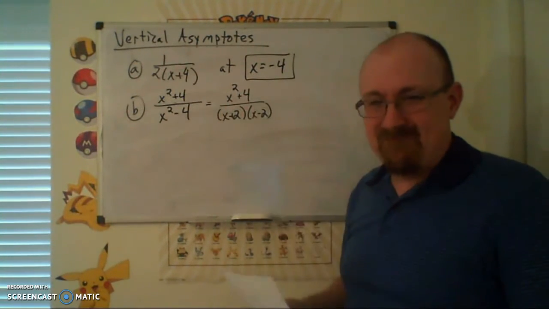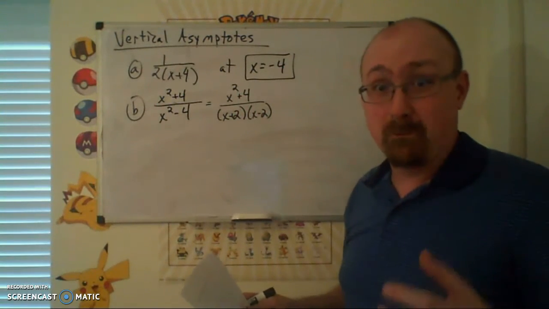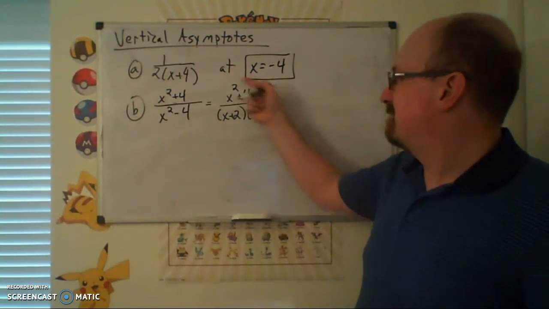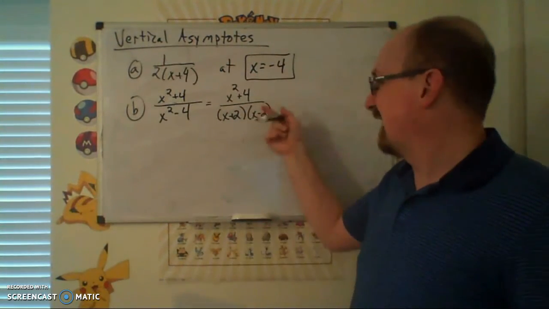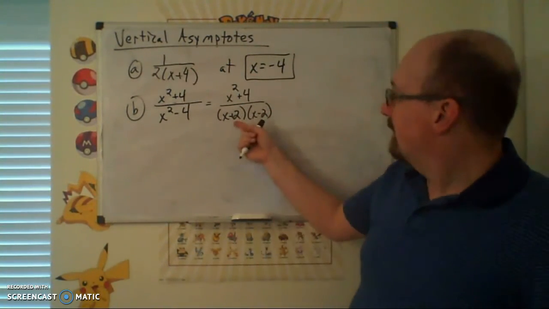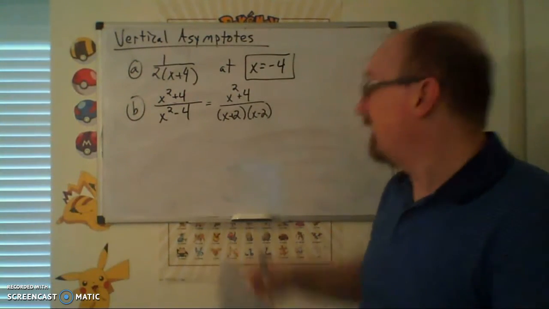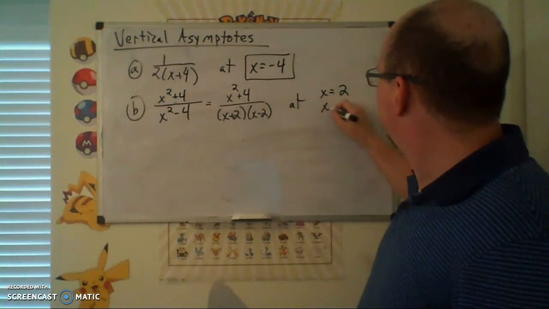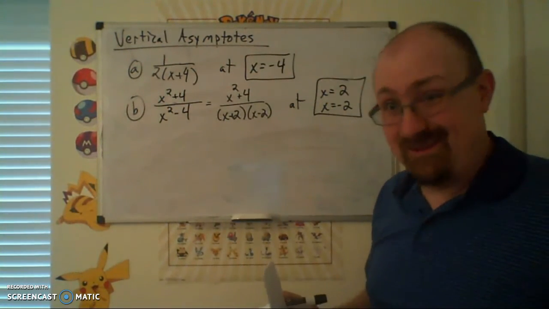You can't really factor that thing if you're insistent on sticking with real numbers. So that's as far as I can go, because this thing, no matter what real number you plug in, is always positive. The lowest it can get is 4. So each of these is a place where if you feed that in, you get a 0 denominator, non-zero numerator. So we have a pair of vertical asymptotes in that case.